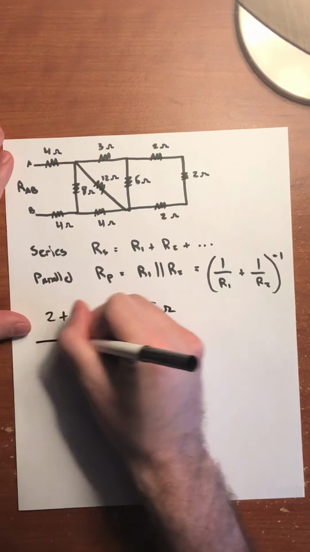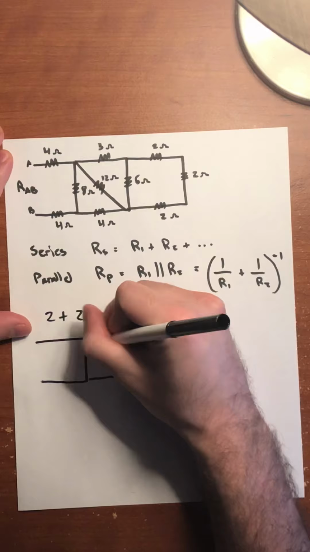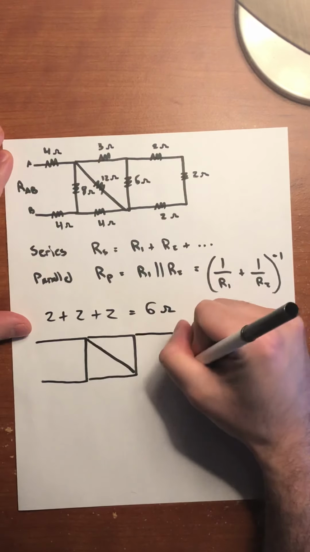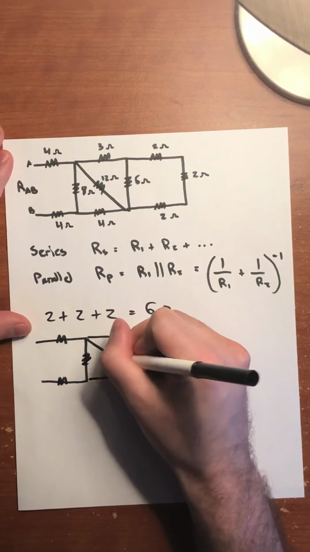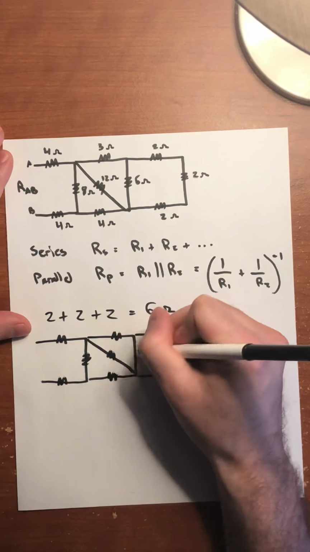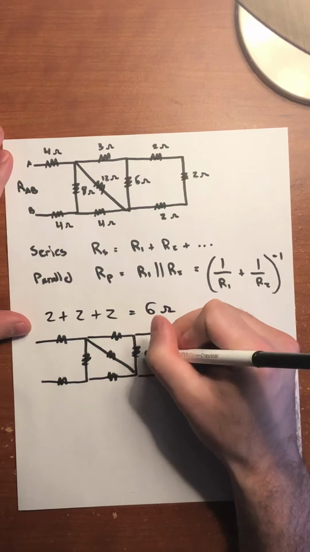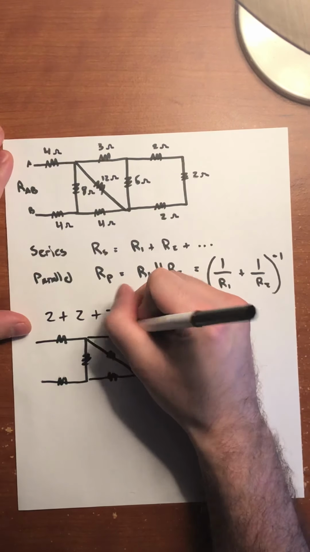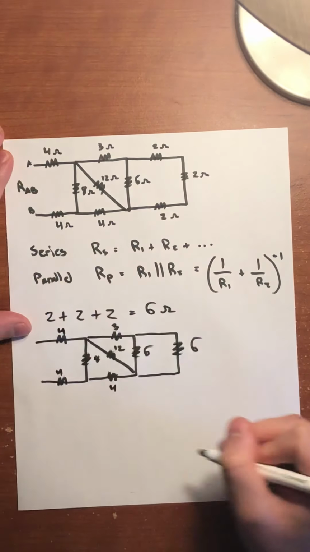If we redraw the circuit, we can see that this becomes 6 ohms, this becomes 6 ohms, 3, 12, 8, 4, 4.